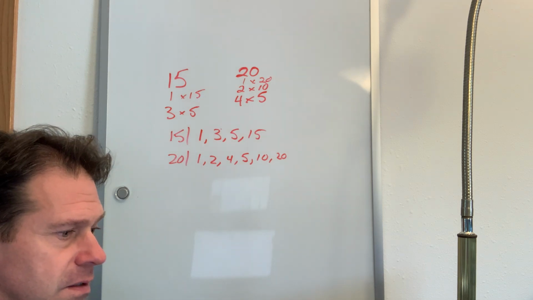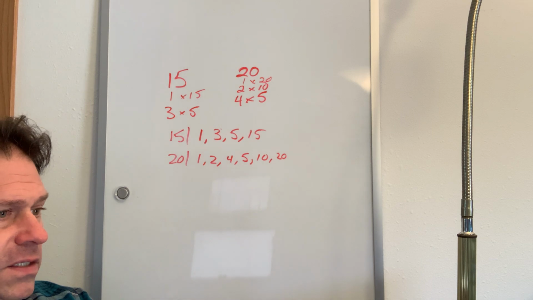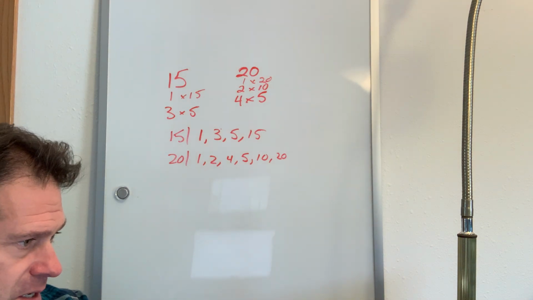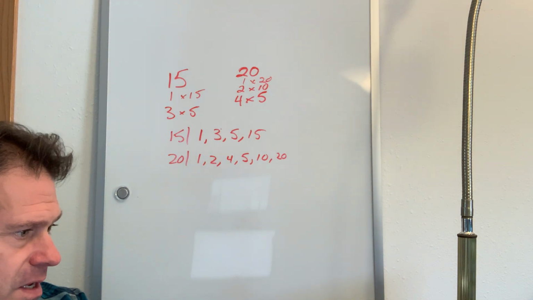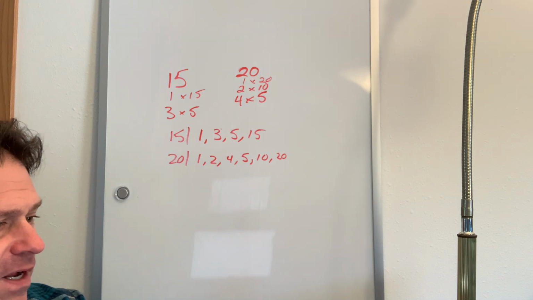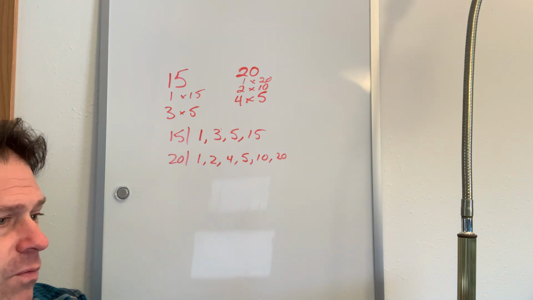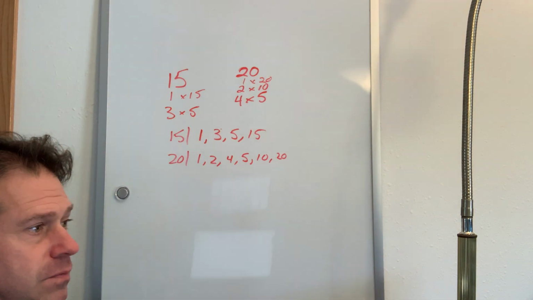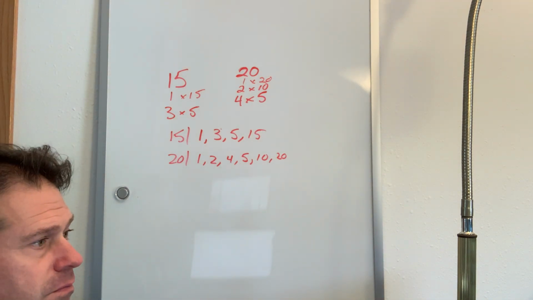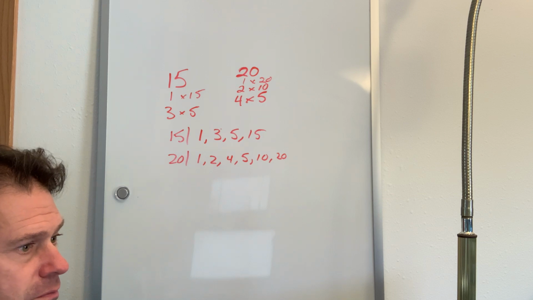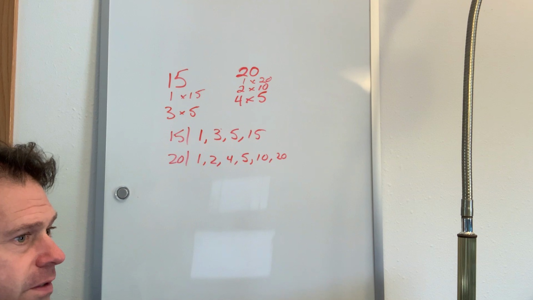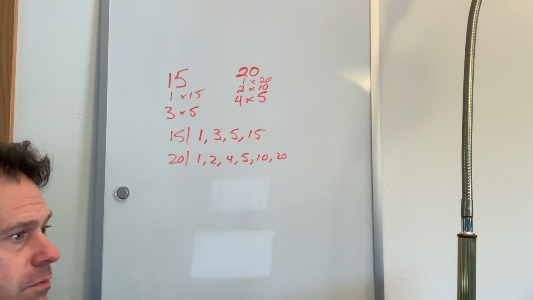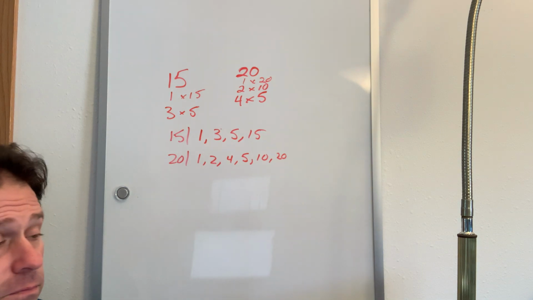And what is... Can you name one that we have in common? What's one we have in common here? Charlie, one that you have in common. Charlie? Wait, what do we have in common?